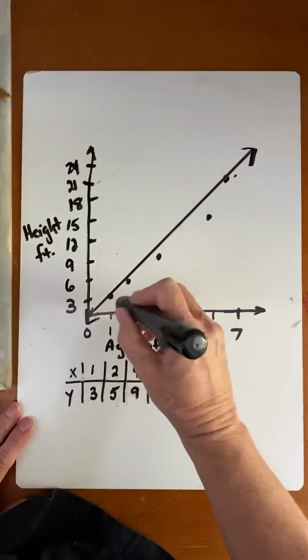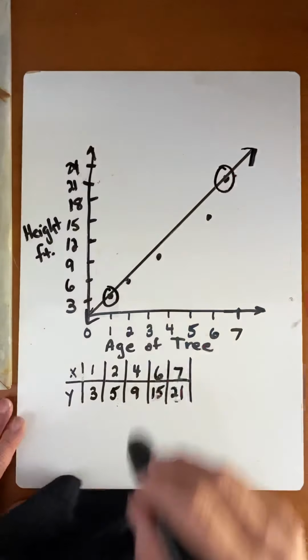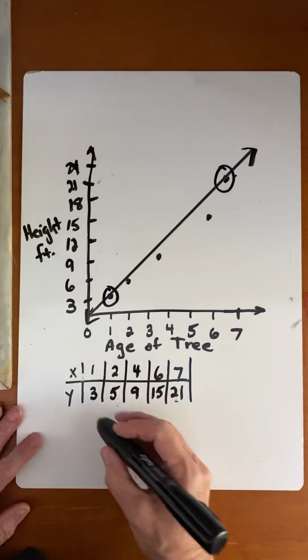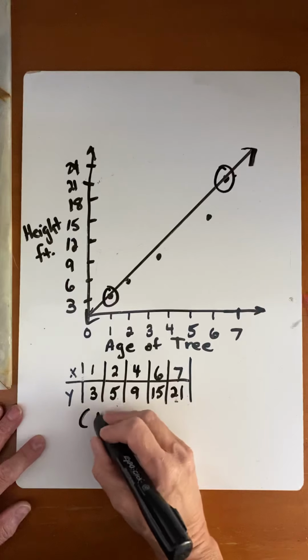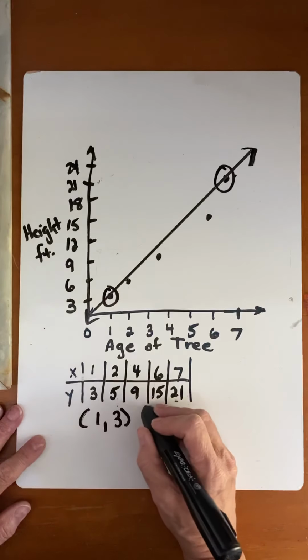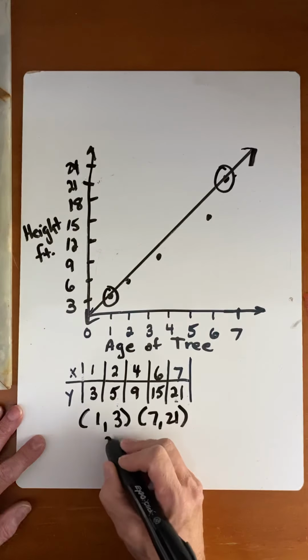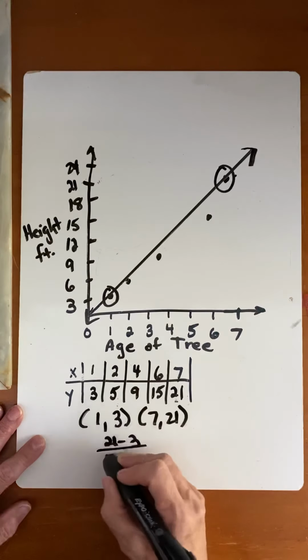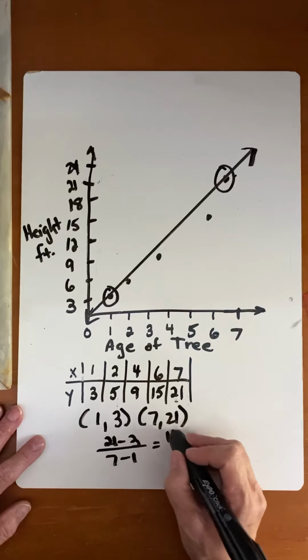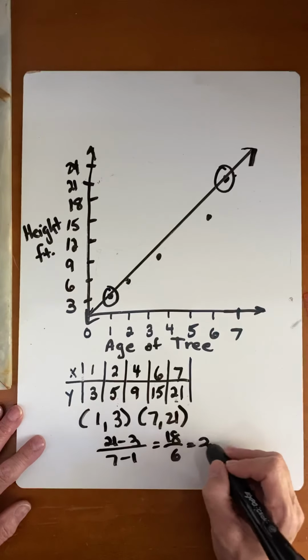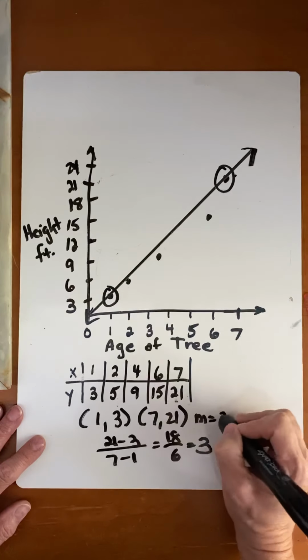Now, when I come up with the line of fit, I pick 2 points from the line. So the 2 points that I picked are (1, 3) and (7, 21). I have my 2 points. I find the slope. That equals 18 over 6, which equals 3. So m equals 3.